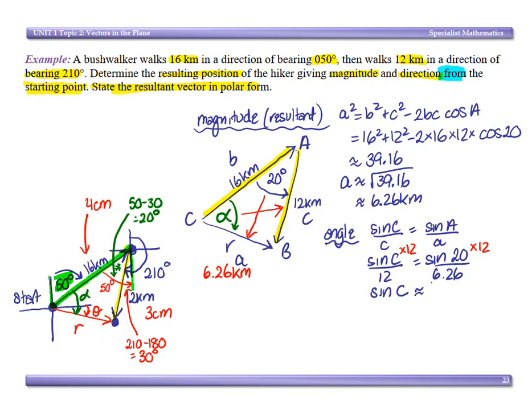So when you go to your calculator, go sine of 20 divided by answer, then times it by 12. So you're not using the approximate answer, you're using the exact answer. So that's 0.66. So C is approximately inverse sine of 0.66. Again, use your answer and you get 40.99 degrees approximately.